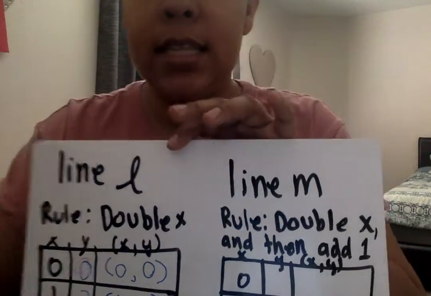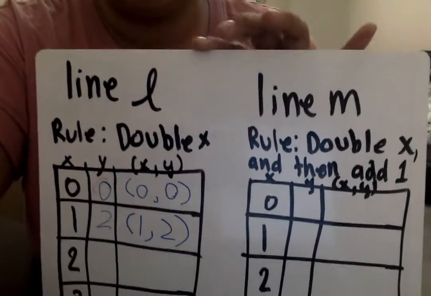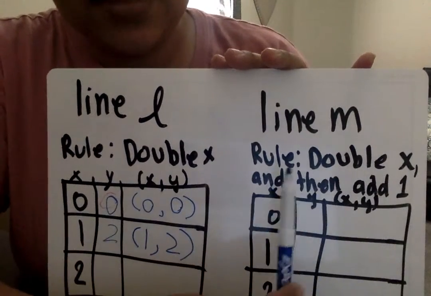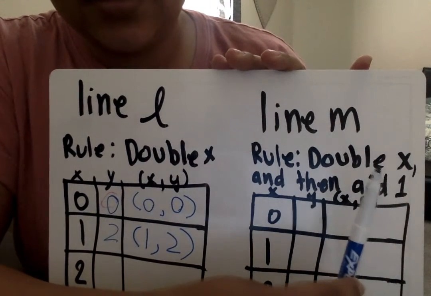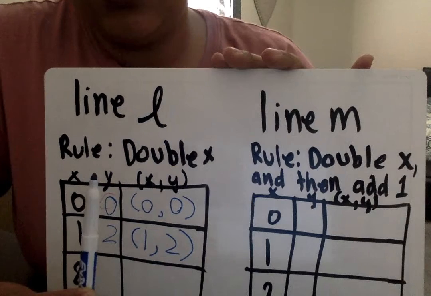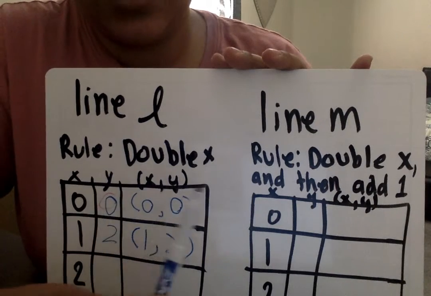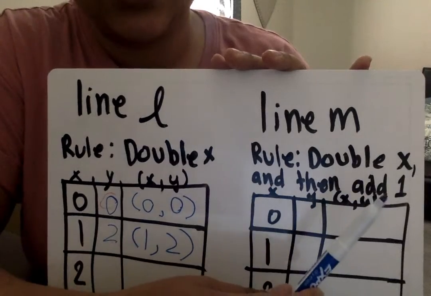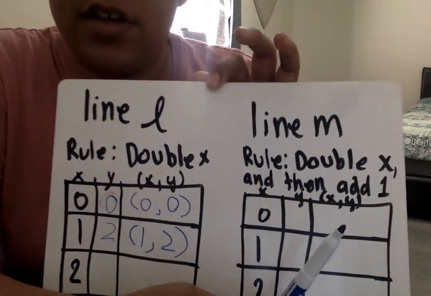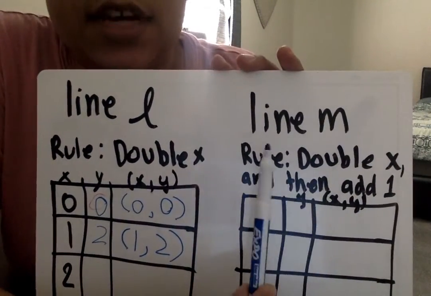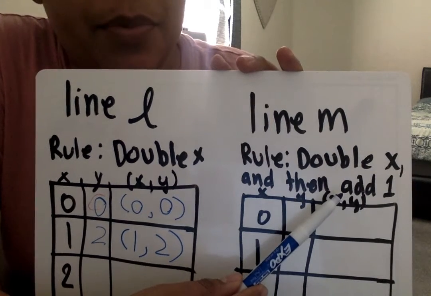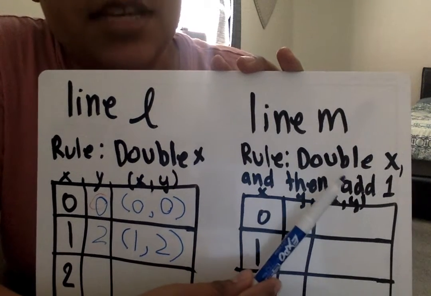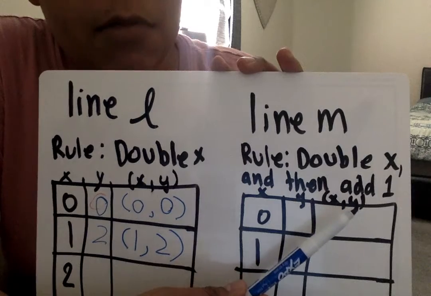Let me pull this down a little bit. I see that the rule double x for line M is also a rule for double x for line L, right? They both have double x. So that's one thing that they have in common. The only thing that's different is that this one has another operation. So you're timesing it by 2, and then you're adding 1.